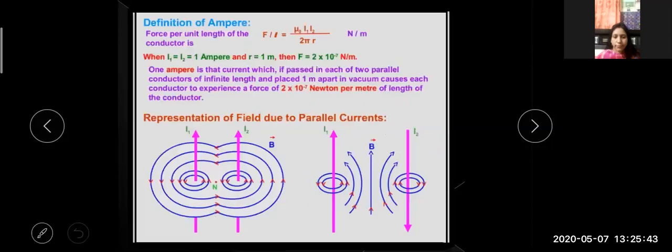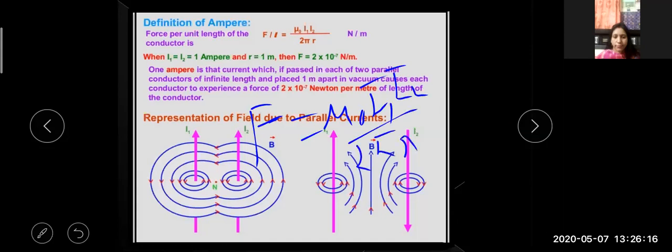Now, what is the reason for this force? What is the definition of ampere? Now we will find the definition of ampere. In the formula we have already derived, F equal to mu naught I1 I2 upon 2 pi R into L, right?